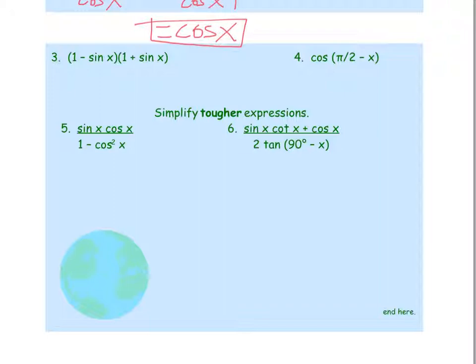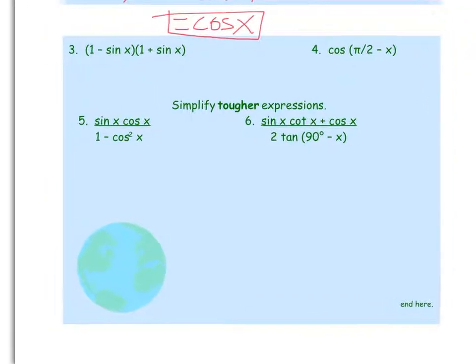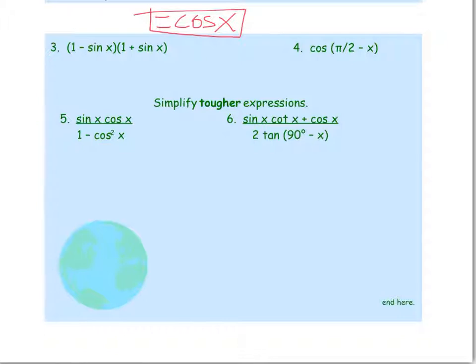Right here, number 3, kind of looks like a factored quadratic, and it's a case to FOIL. 1 times 1 is 1. 1 times sine x is sine x. Negative sine of x times 1 is minus sine of x.